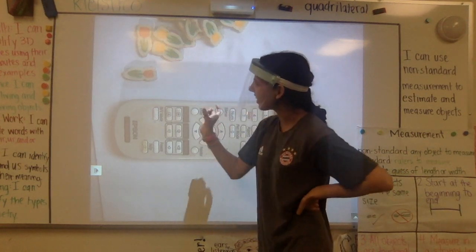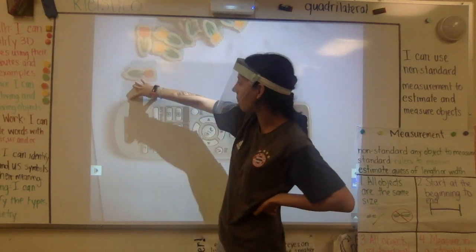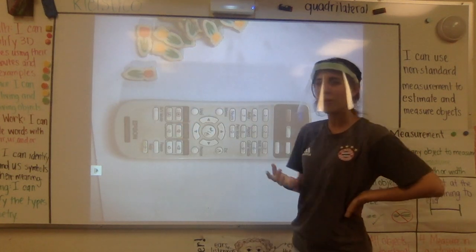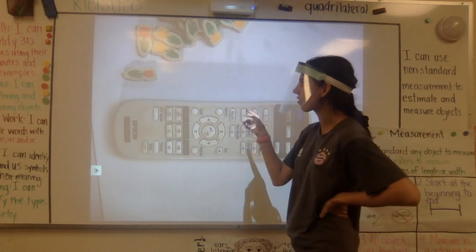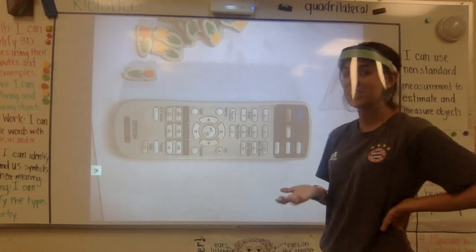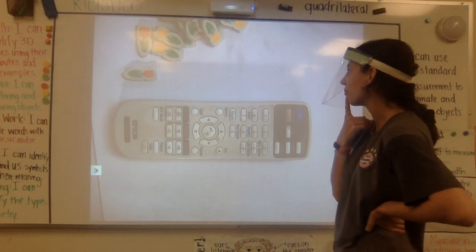I can see that this little eraser is pretty small compared to my remote. So I know I might need definitely more than 2 or 3, but probably less than 15 or 10 in order to measure this remote.